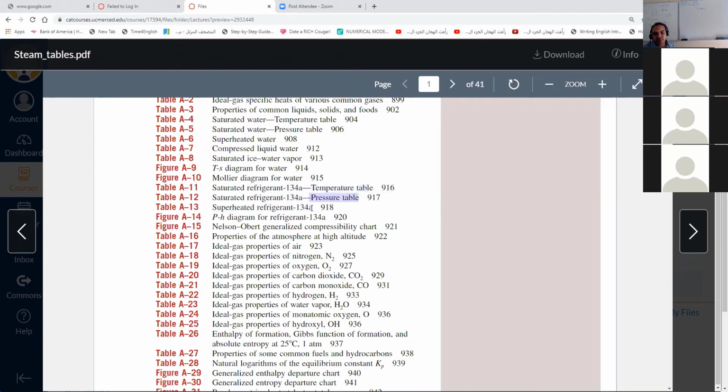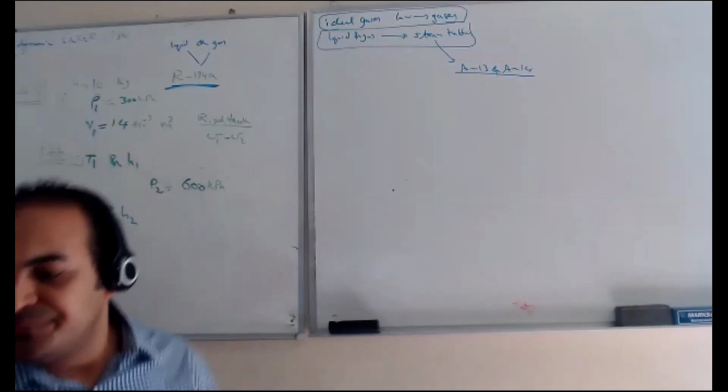This is equivalent to table A6 for water, superheated. Is it clear? So use A11, 12, and 13 for this fluid. Okay, let's continue solving this problem.